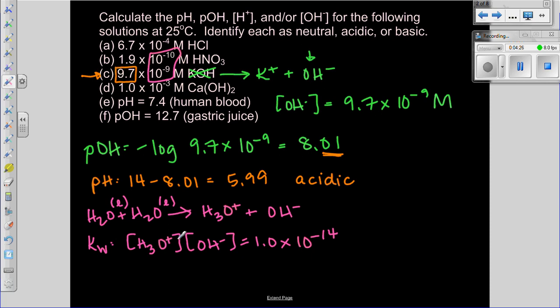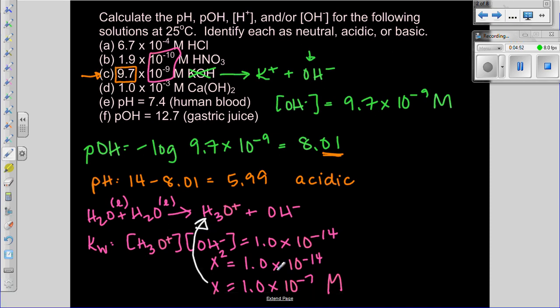So both of these are X because I don't know what they are. And I could set up an ICE chart if you don't understand that. I can show you how to do that at tutoring. So basically this is X squared. So X is equal to 1 times 10 to the negative 7th molar. That is for both hydronium ion and hydroxide ion.